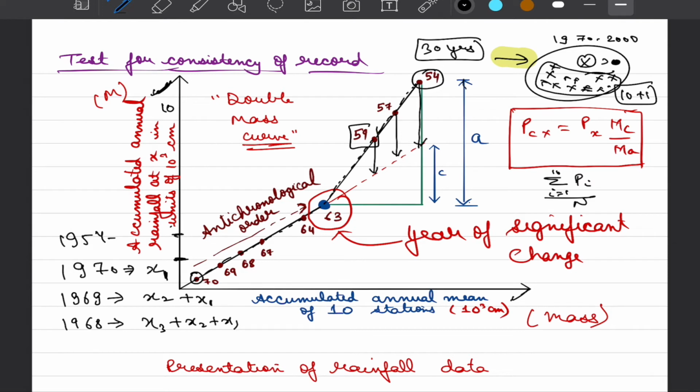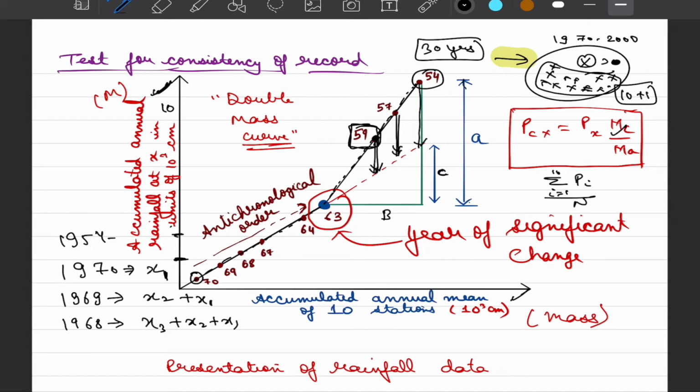the value which has departed from the consistent pattern, multiplied by the respective slopes. So if this is the base, which we represent as B, we can clearly say that to make these slopes consistent, we should multiply all these points by a term which is less than 1, as we have to bring these values down, and that should be C upon A to make sure that the slopes are consistent.